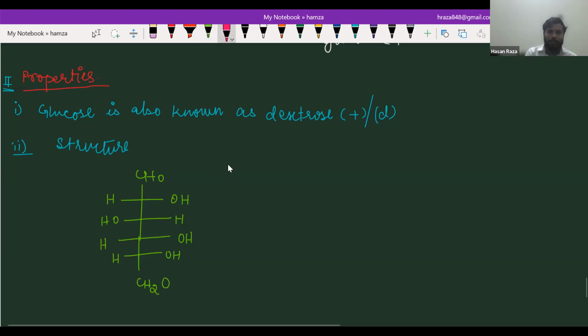What I want from you: this is the chemical formula of glucose. Can you tell me the total number of chiral carbons? Please let me know.